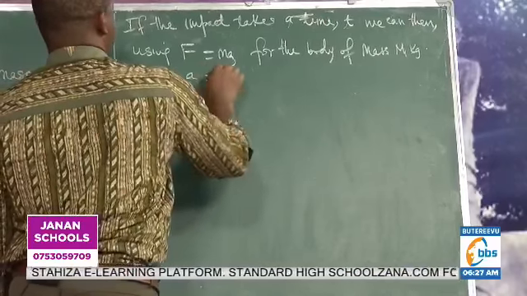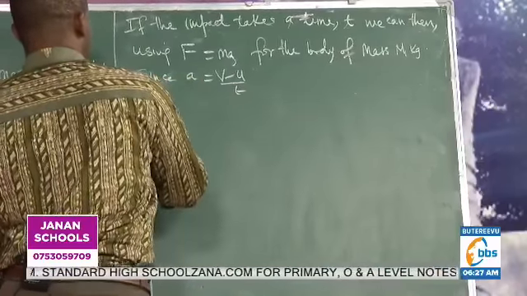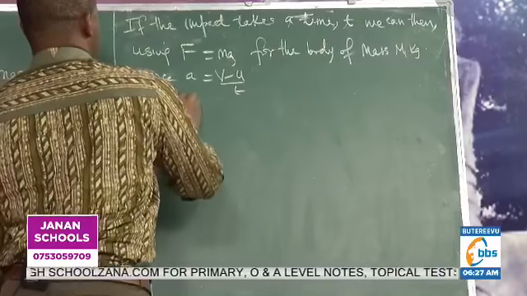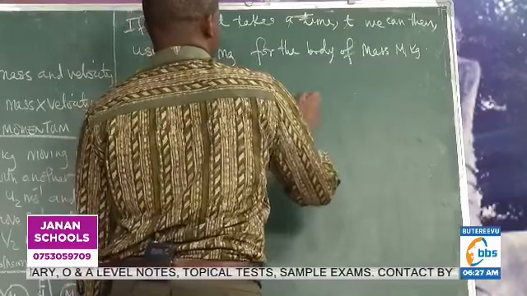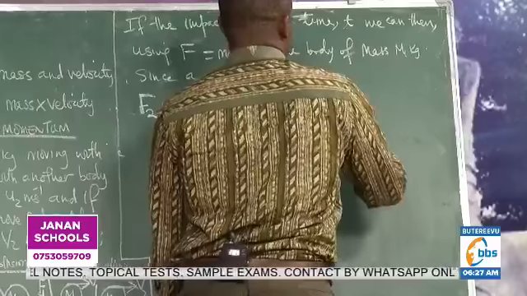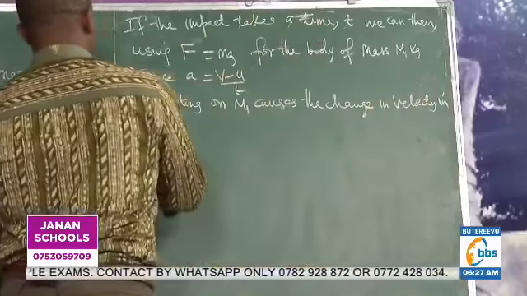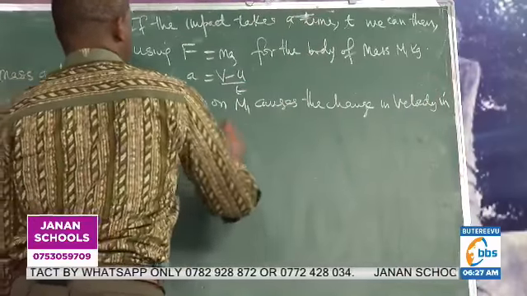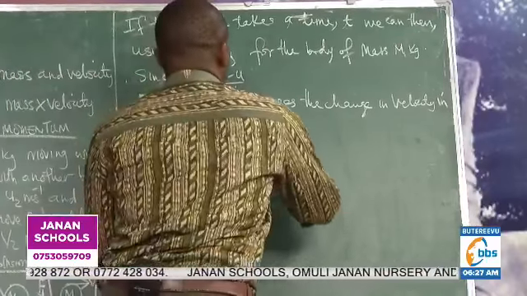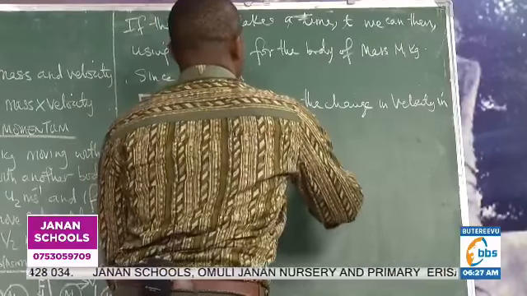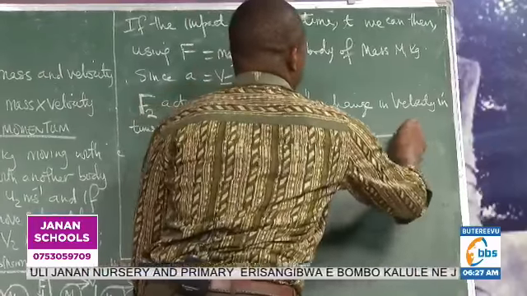Since we know that A is V minus U over T, it means the force F2 acting on M1 causes the change in velocity in the said time t, implying that therefore the force F2 will change the momentum of the body with mass M1 to give us M1 into V1 minus U1 over the time t.